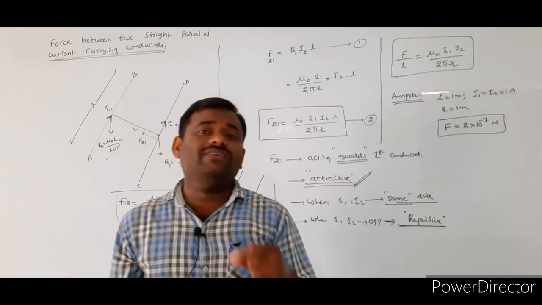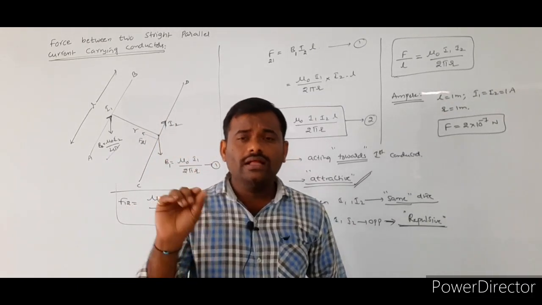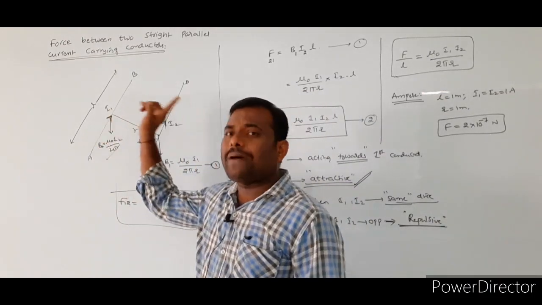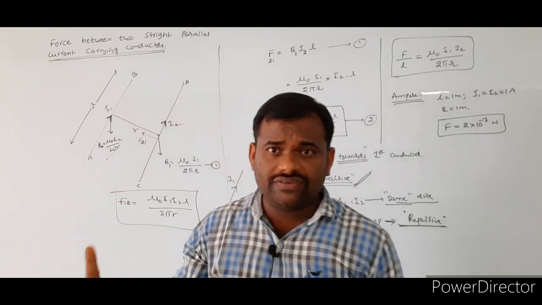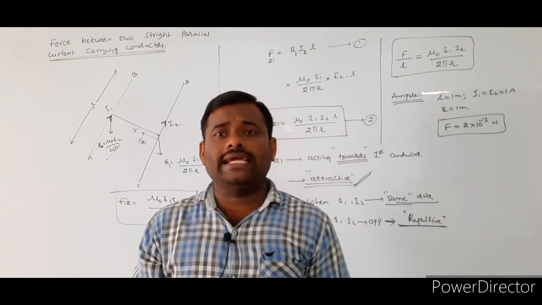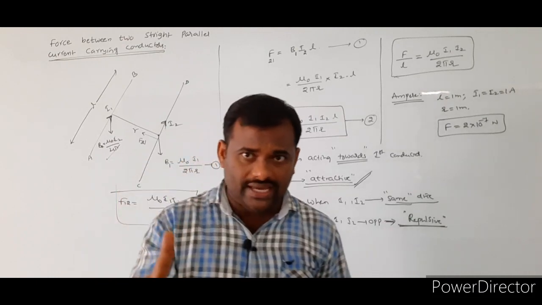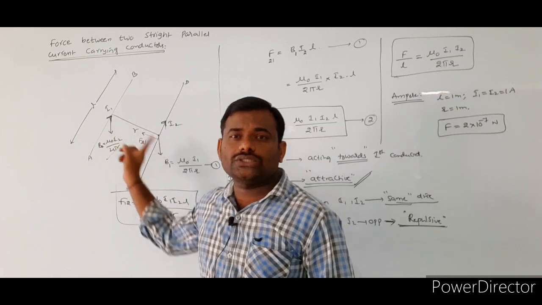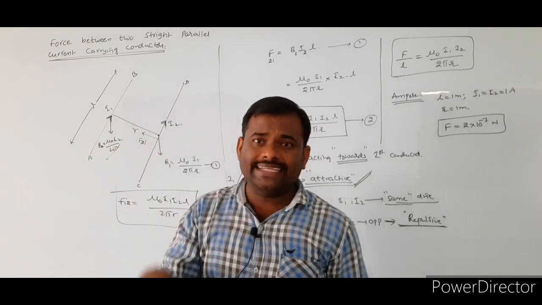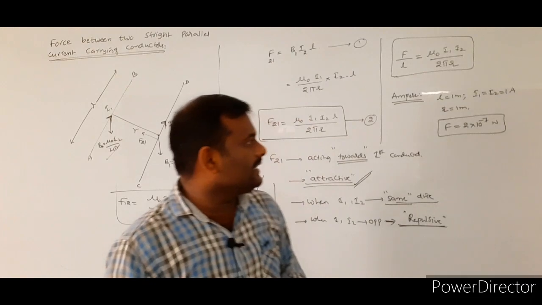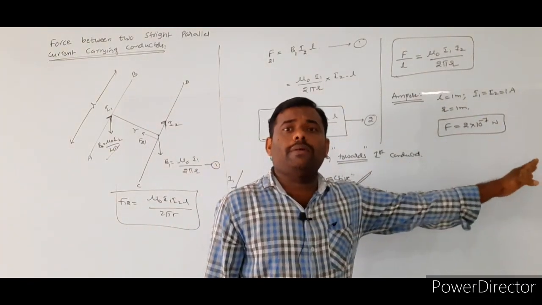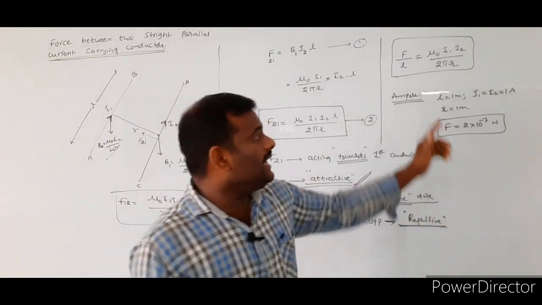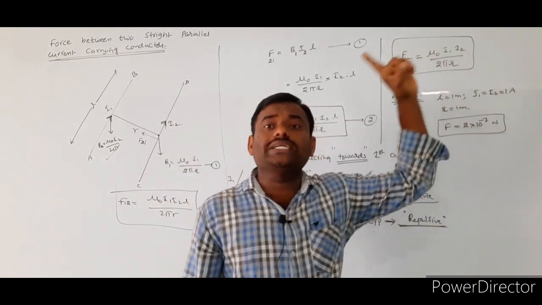Again repeating, how can we define 1 ampere? The current flowing through the two parallel current carrying conductors will be called 1 ampere when these two current carrying conductors experience a force of 2 into 10 power minus 7 Newton when they are separated by a unit distance.